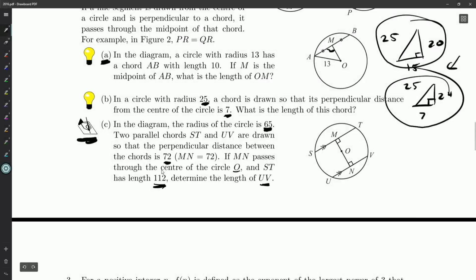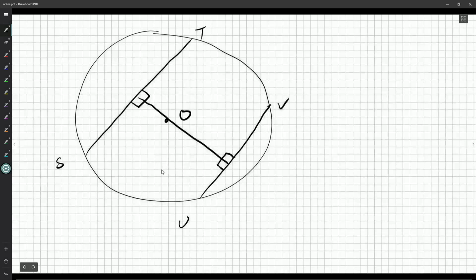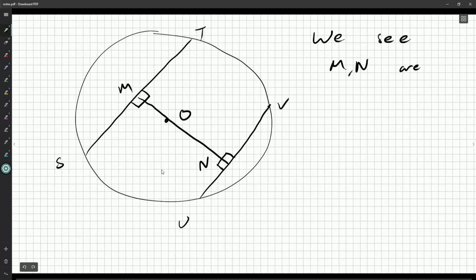So now I can add in those right angles. Okay, but it passes through the center. So we can see, we'll just say, we see M and N are midpoints of ST and UV respectively.